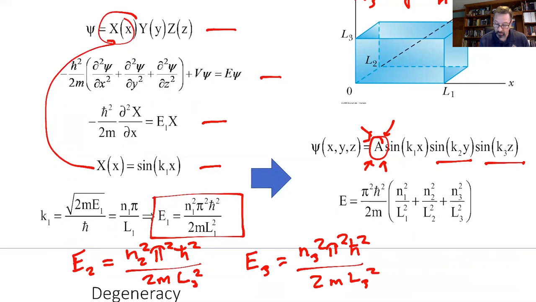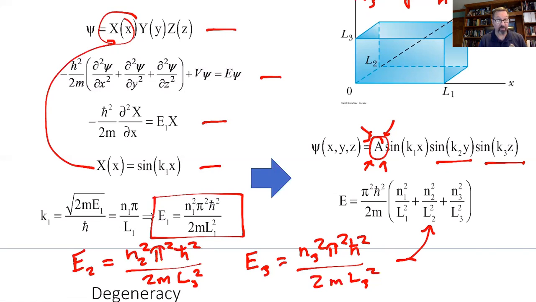And it shouldn't surprise you even further, I think, that since we had said that E1 plus E2 plus E3 has to be the total energy of the particle, I can add these three things up, and that must be my total energy for the particular state.